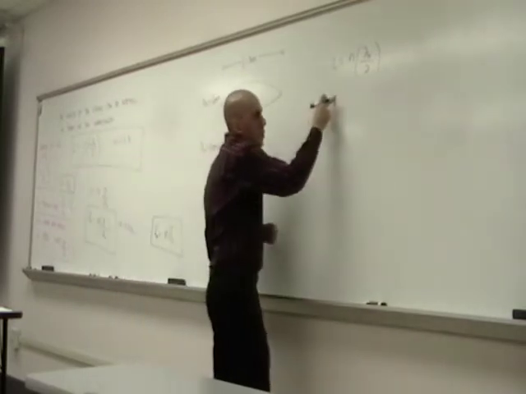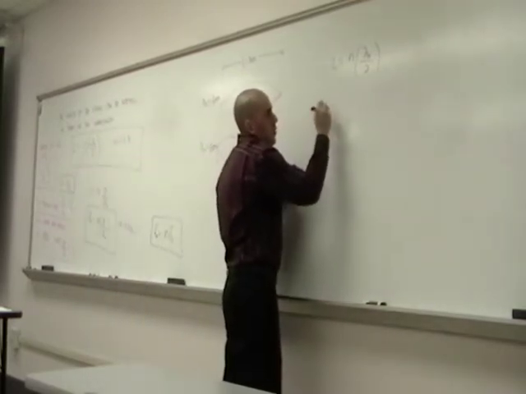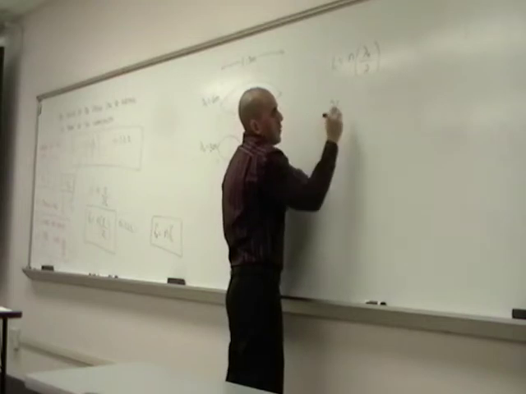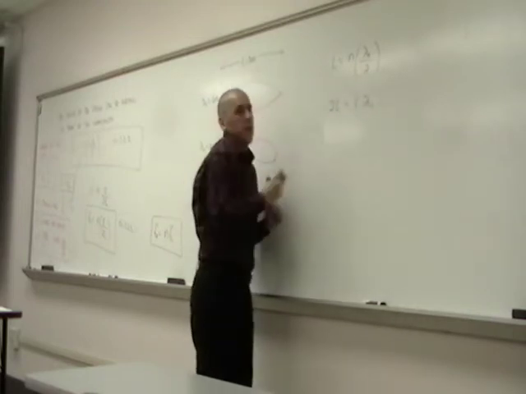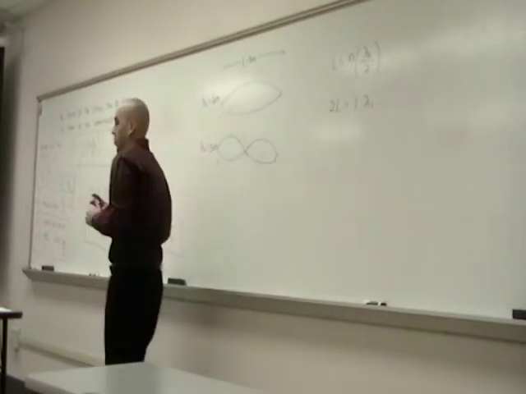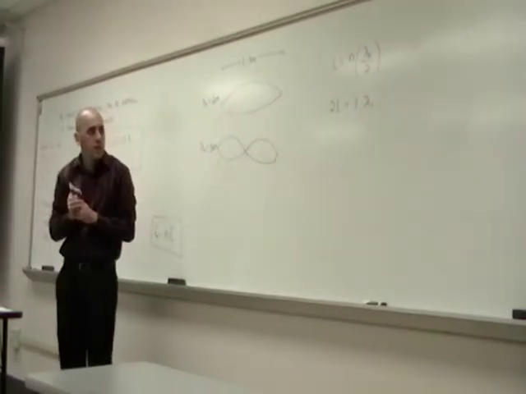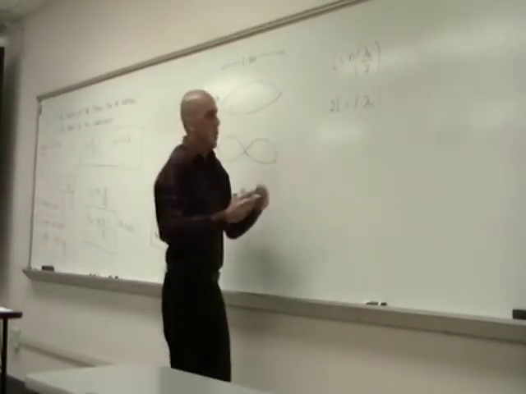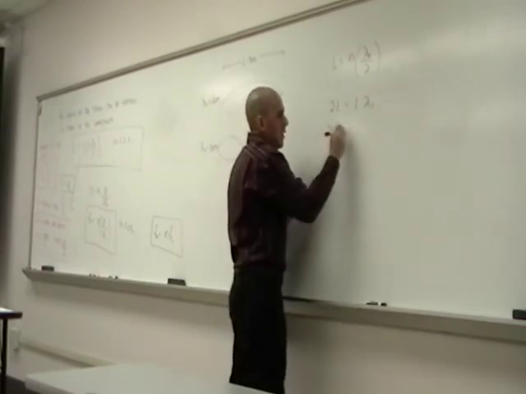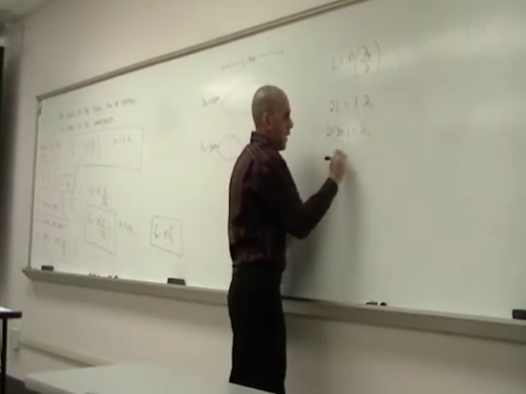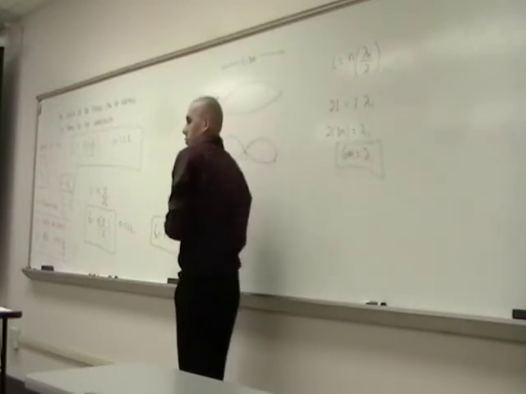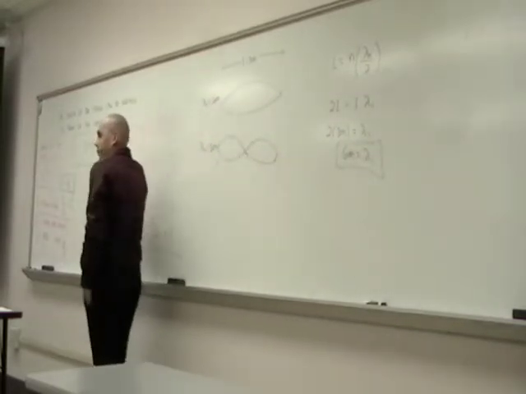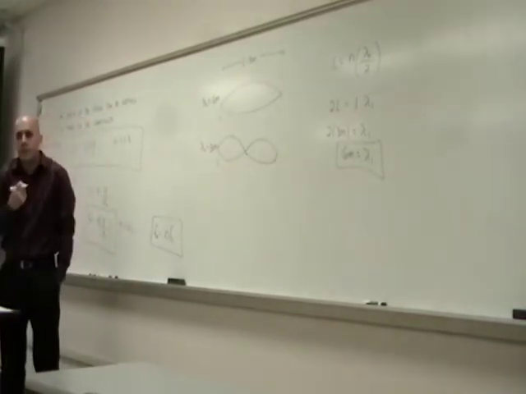All right, so for the first one, I'd have 2L is equal to 1 times lambda 1. I'm just putting the 1 in there as a reminder of what I'm doing with those n's. If our L is 3, this is how we get that 6 meters there. There's nothing wrong with doing that math there, but you could probably answer that question by just looking at the picture there, if you've drawn.